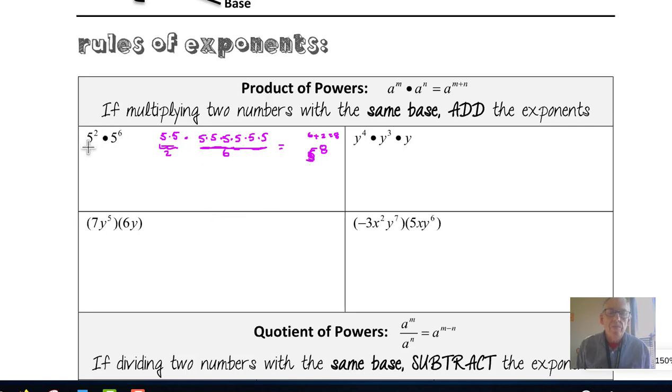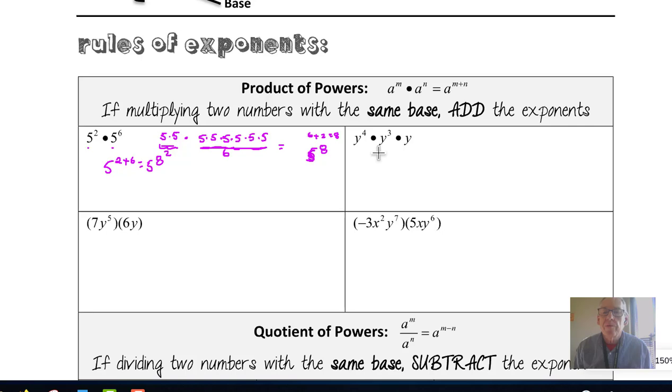So notice that if you have the same base, you multiply by adding the exponents. So 5 to the 2 plus 6 is 5 to the 8. So there's a long way to do it. Literally just write out what the base with the exponent means, and then just count how many of each base you have.